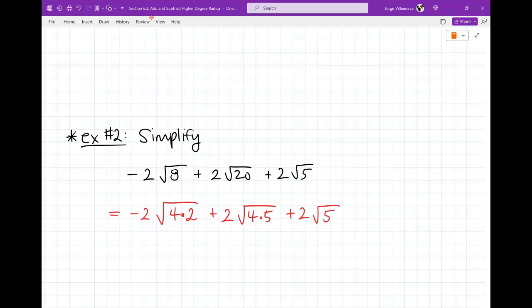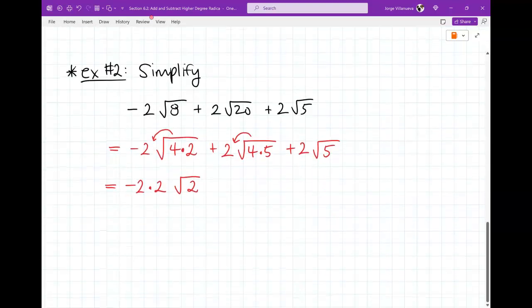So, all right. Notice the first and the second radical both have a 4 inside, which means I can take them out by taking their square root, okay? So when I take out the square root of 4, what does it become? A 2. So it's going to become negative 2 times 2, square root of 2. By the way, I'm showing all the work here. If you want to do it in your head, go ahead.